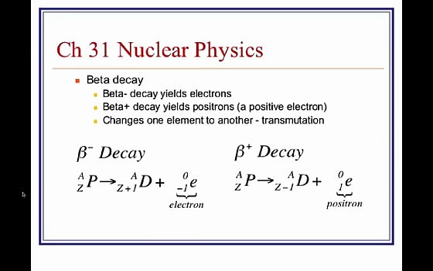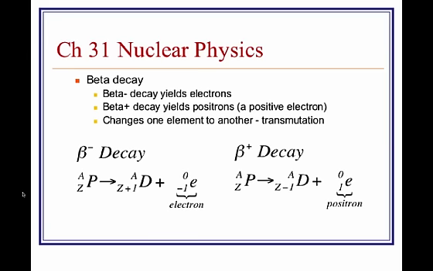So the nucleus actually gains a positive charge, but it ejects an electron. Energy is also included here, and it will change from one element to another. So you have a parent nucleus and a daughter nucleus, once again, and this electron is ejected. There's energy, and probably some photons or other radiation forms, maybe some X-rays, anything like that.